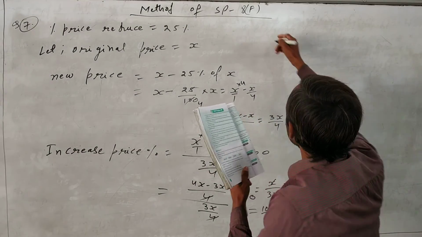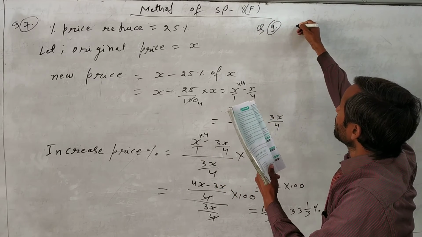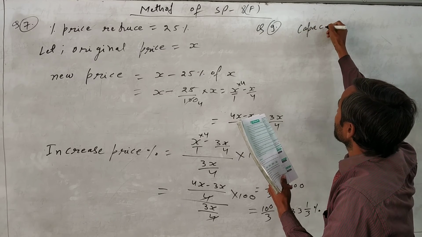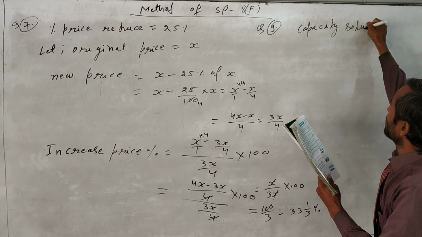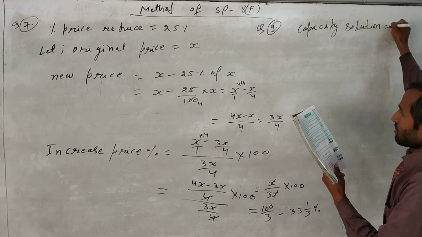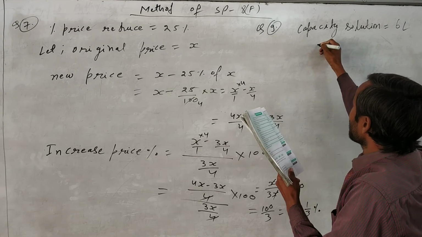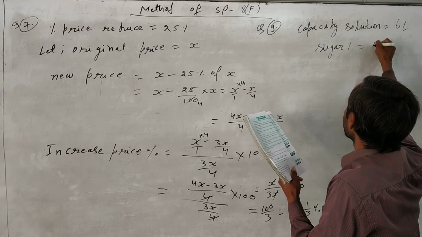So first of all, in question number 9, the total capacity of the solution is given. Capacity of solution is equal to 6 liter. And the percentage of sugar is given: sugar percentage is equal to 4%.